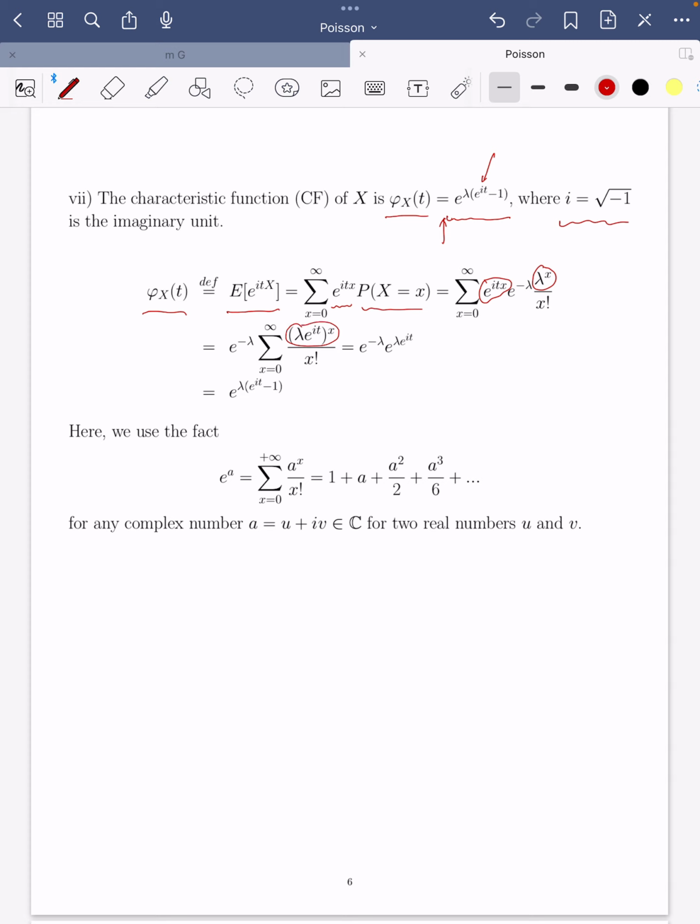Then you can see the sum is simply equal to e to the lambda times e to the it. You combine these two numbers together, and we get this result. In this derivation, we use the fact that e to the a is equal to the sum of a to the power of x over x factorial for any value of a in the complex plane.